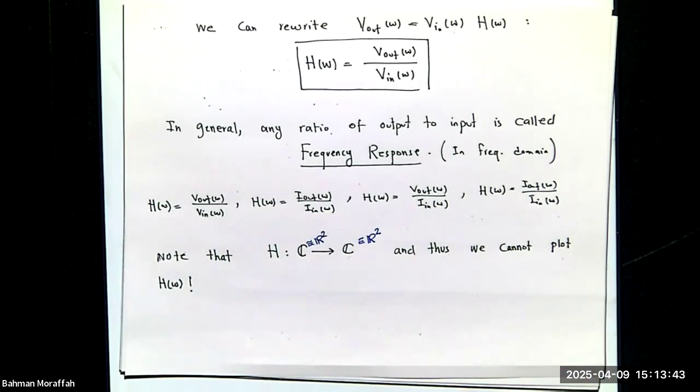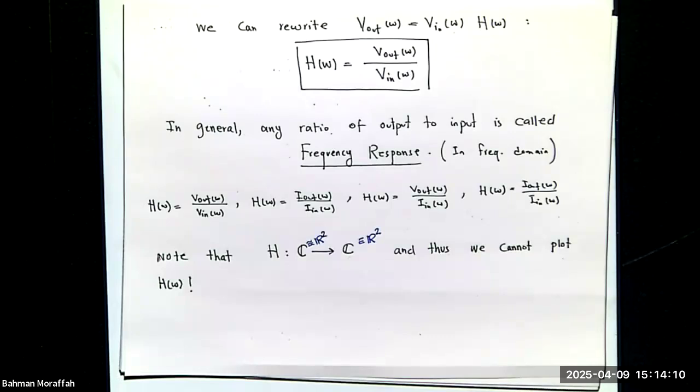Well, we're still interested in knowing what it looks like. Where does this h of omega go? It goes to complex numbers. So instead of plotting h of omega, I can plot the magnitude of it or the phase of it. So instead of going to R2, I'm going to R. Right?